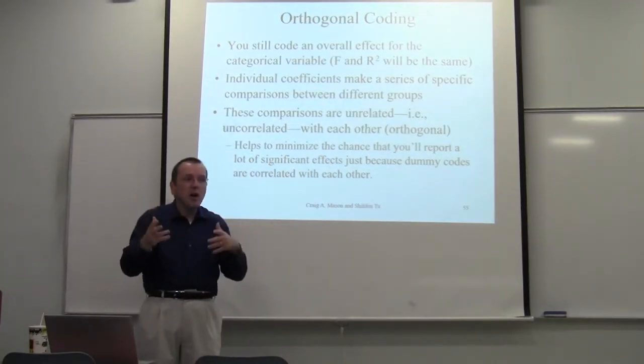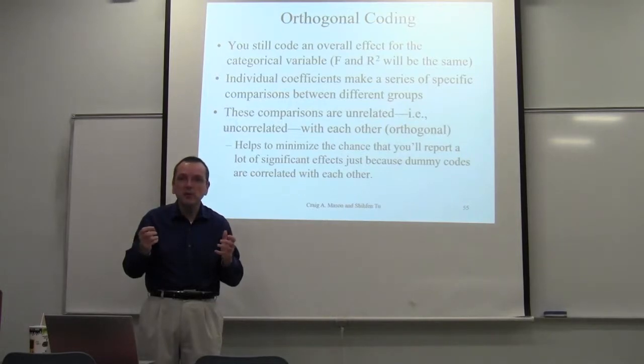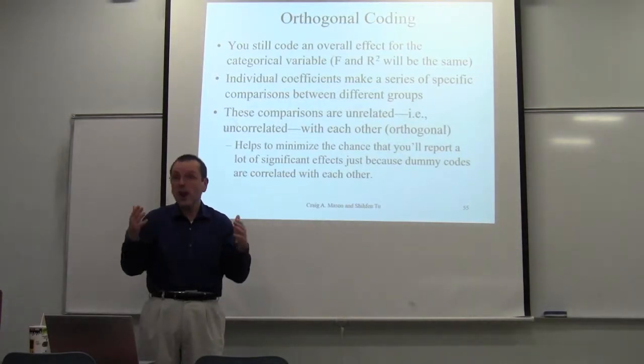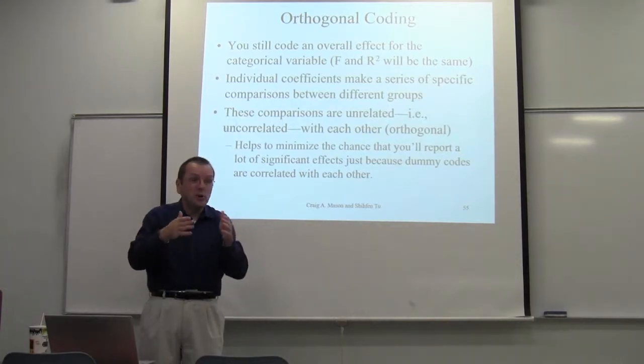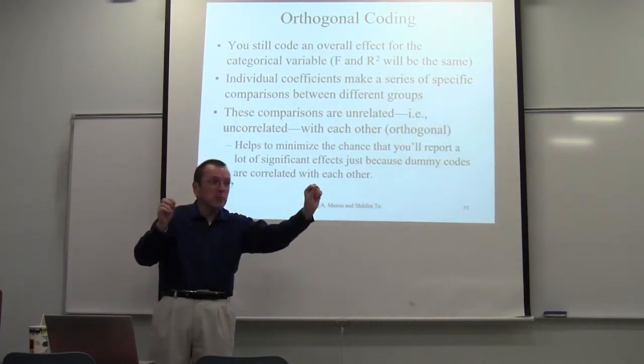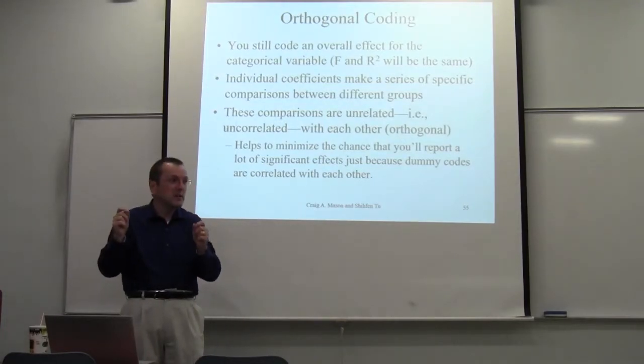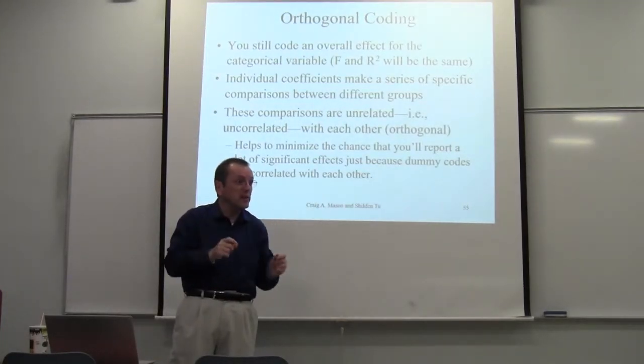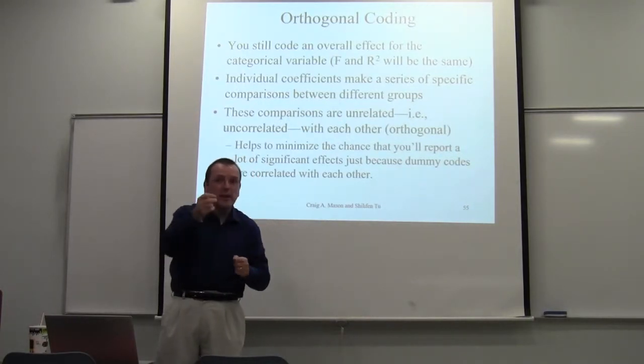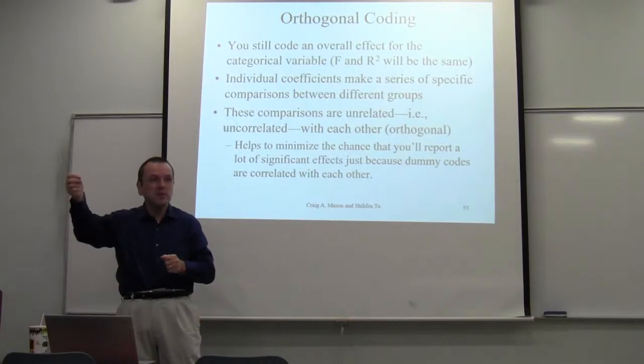The questions are all kind of correlated with each other, which can inflate your chance of a type 1 error. You pick the most extreme group as the comparison, and there might be a whole bunch of significant effects, just because of the way they're all related to each other. Knowing one effect tells you a little bit about what you might expect to see for the others.